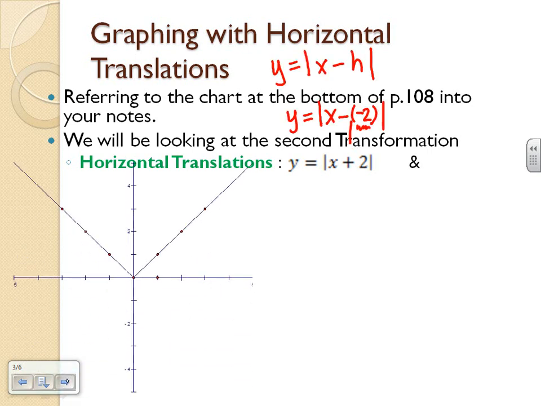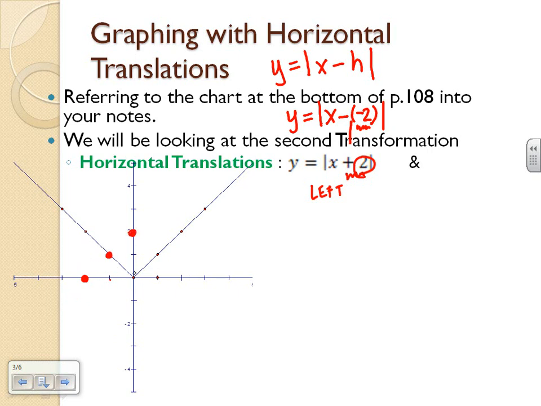So let's start with our parent function. This plus 2 is actually going to take us left 2 units. So take our vertex, which is at (0, 0), and we're going to shift to the left 1, 2 units. Once again, since there's nothing in front of x, our slope is still 1 over 1. Up 1 over 1.